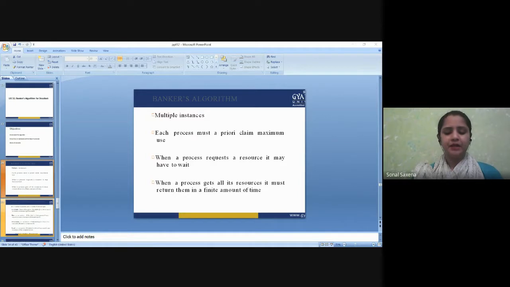Let's take an example of memory space. Let's say my system has only 100 MB of memory, which is the present state of my system. Now, let's say there is a process which requires 50 MB.